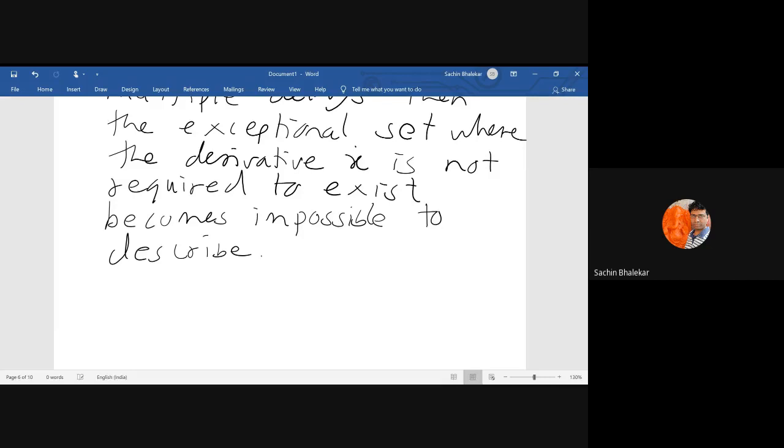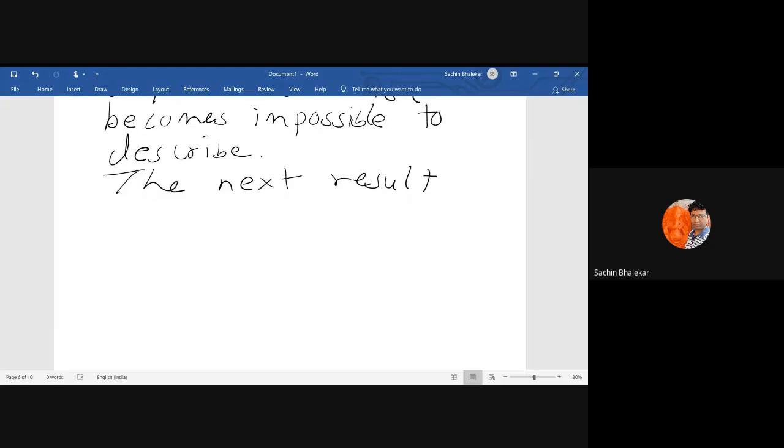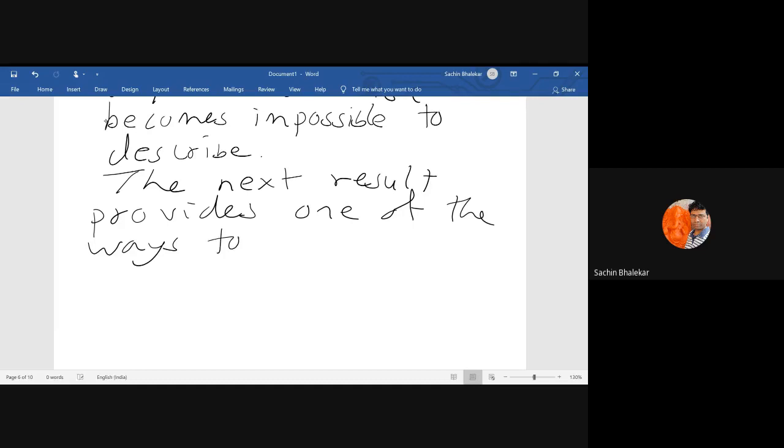The next result provides one of the ways to overcome this difficulty.